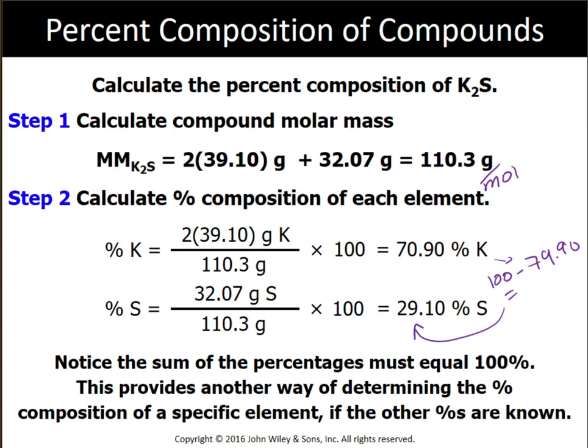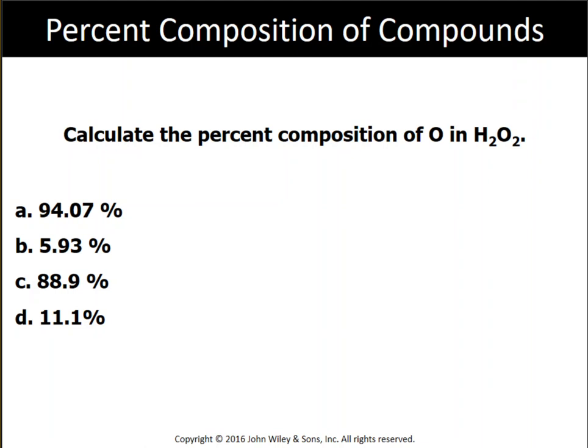So let's look at an example. You want to find the percent composition of oxygen in hydrogen peroxide, H2O2. So percent composition of oxygen is the mass of oxygen in this molecule. So we have 2 oxygen atoms. Each oxygen is 16 grams divided by molar mass of H2O2.